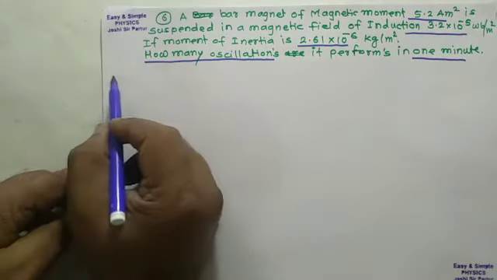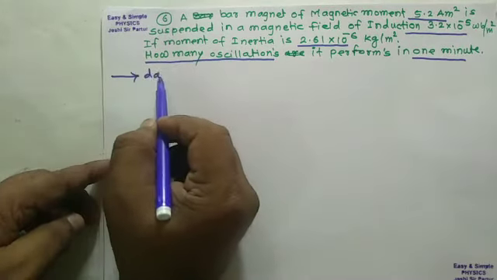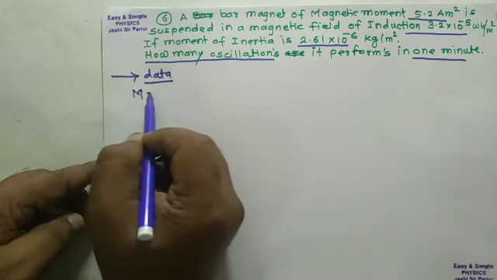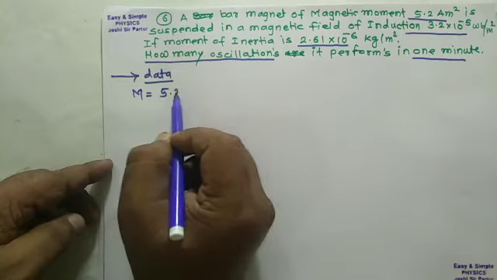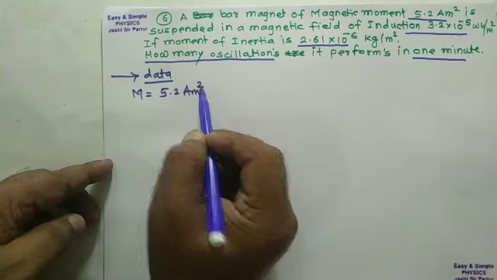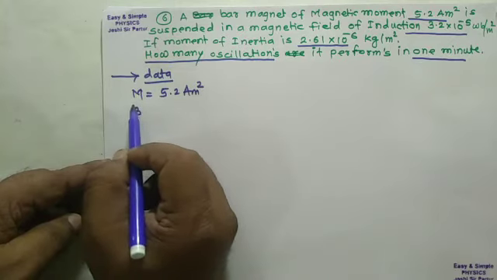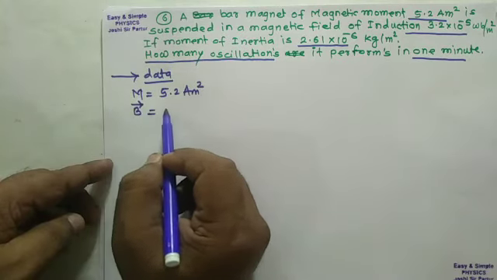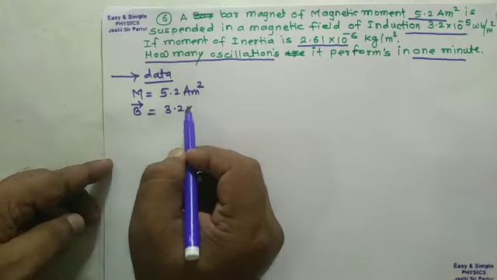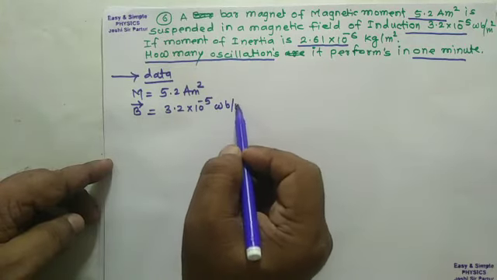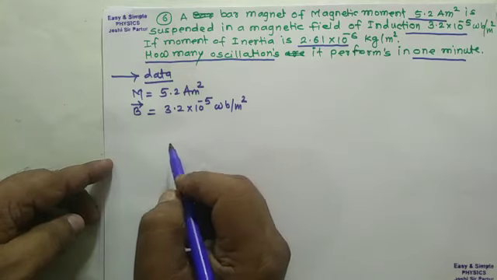So here we can write the data. Here magnetic moment capital M is given as 5.2 ampere meter square. Magnetic induction vector B will be 3.2 into 10 to the power minus 5 Weber per meter square.